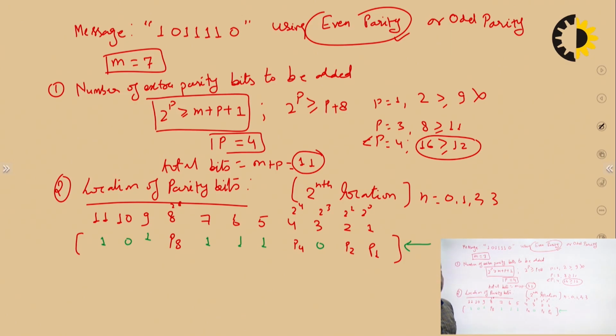Now the next task after locating the parity bits is to find the values of P1, P2, P4 and P8. Now our next task is to evaluate this part. So next, we have to calculate the parity values.